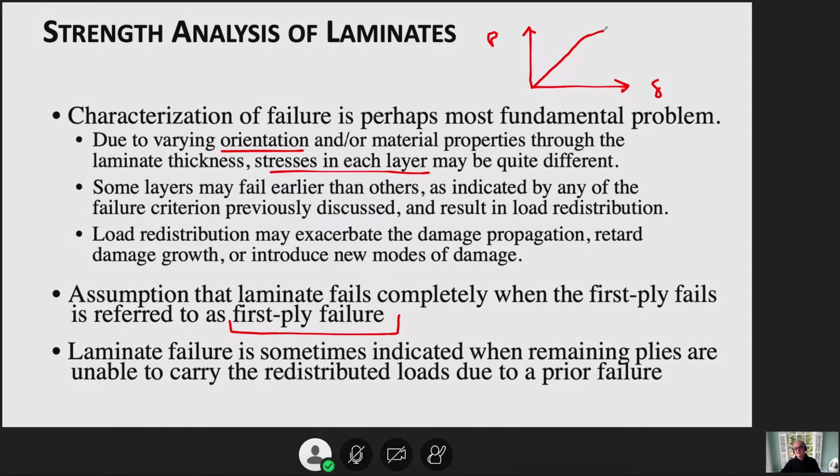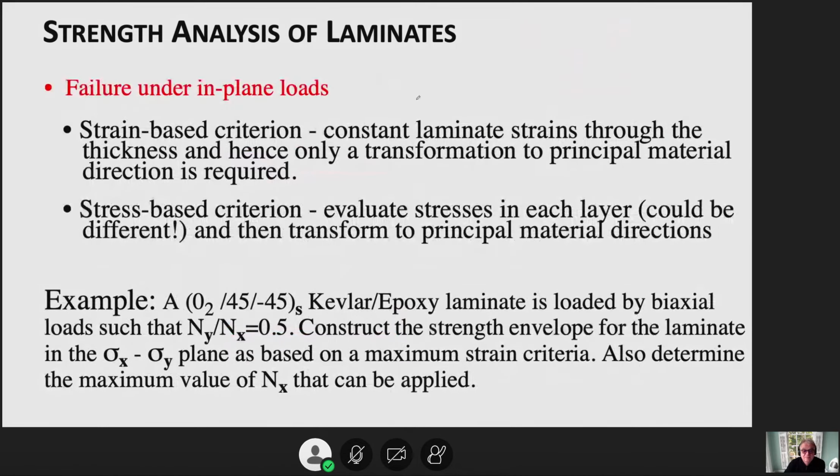And you may still be able to carry load. And so this is the part where you're now doing progressive failure analysis, which means that the linear relationship between load and displacement no longer holds. So this is a repetitive analysis, like a nonlinear analysis, where you're doing the analysis again and again until you find the failure. So that's what's explained here.